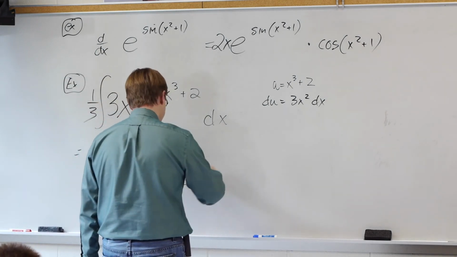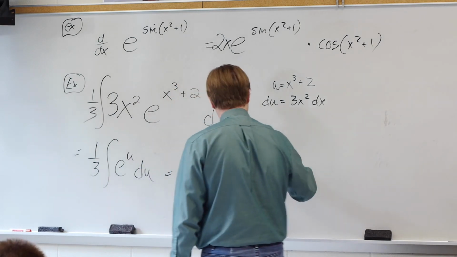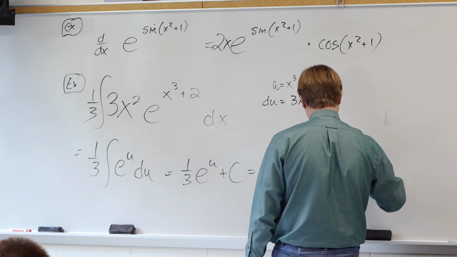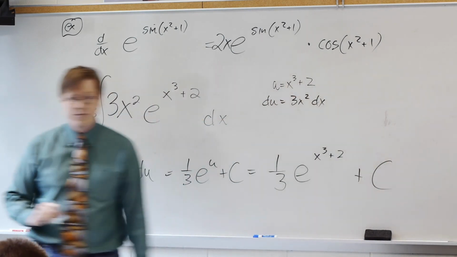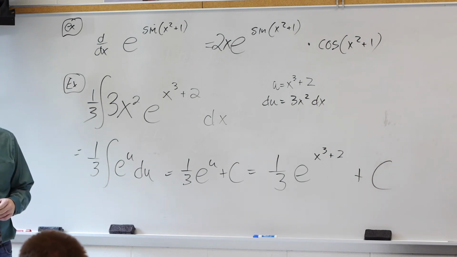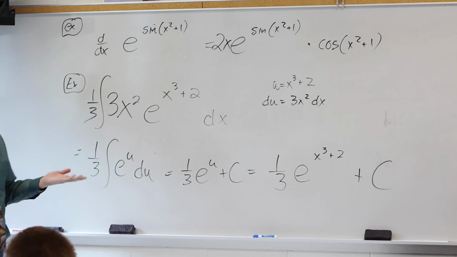So that's 1/3 e to the u plus c, which is 1/3 e to the x cubed plus 2 plus c. Okay. So picking out the right u.